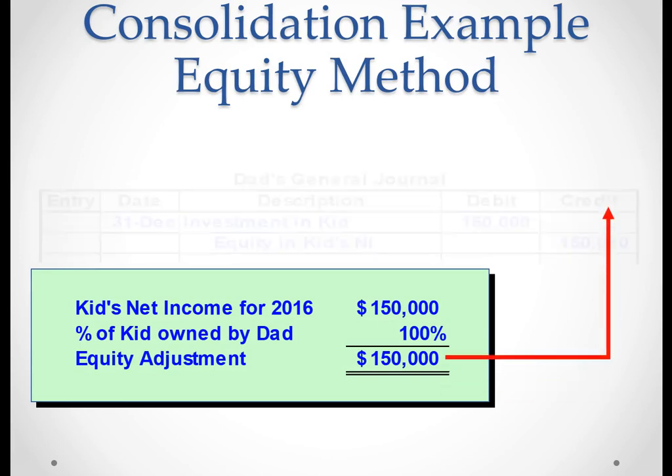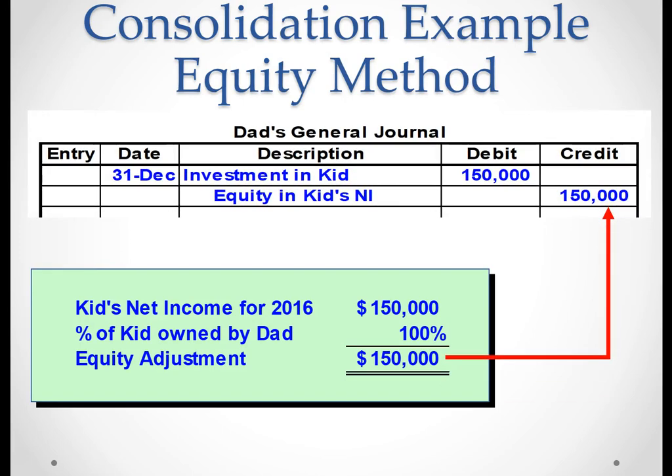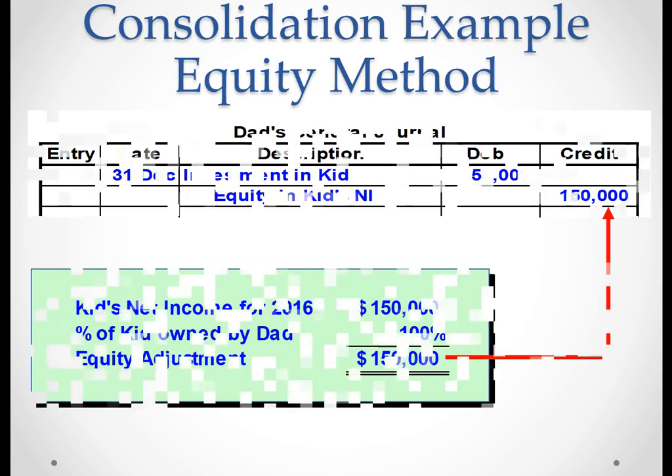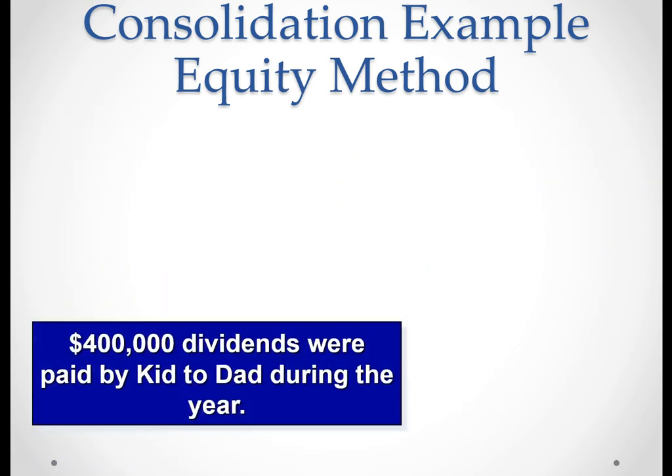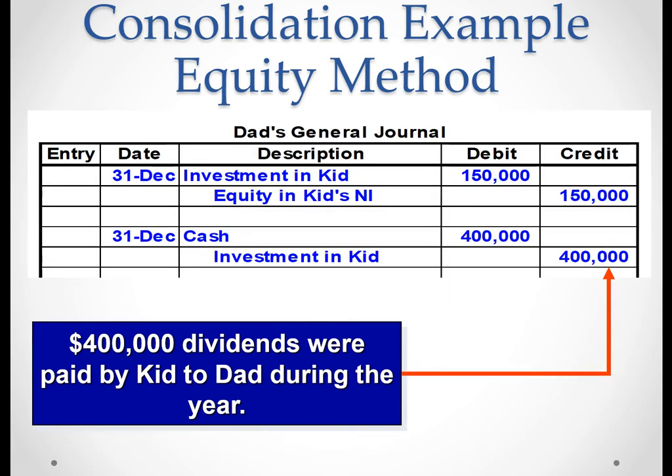So the parent gets all the net income, so investment in KID, which would be the balance sheet, and equity in KID's net income, which would be on the income statement. Next, we would adjust for the dividends. We would adjust the investment account, and it would be a reduction in the investment account.